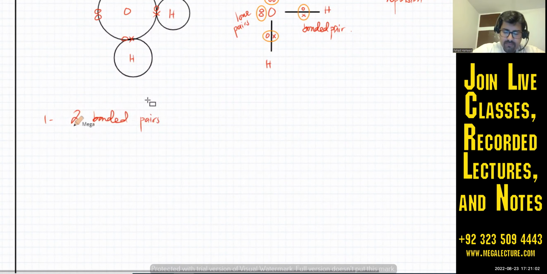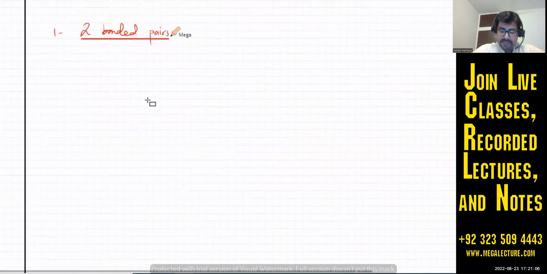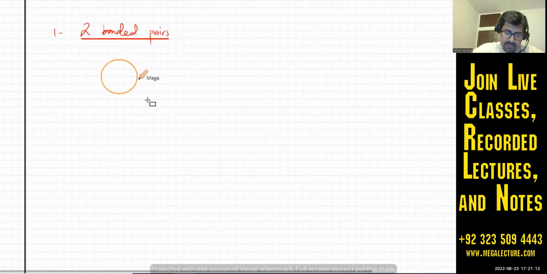in a molecule, just two bonded pairs. An example is beryllium. Beryllium just has two electrons in its outer shell. So when you talk about beryllium, it's got two electrons on either end, so it usually forms just two bonds.